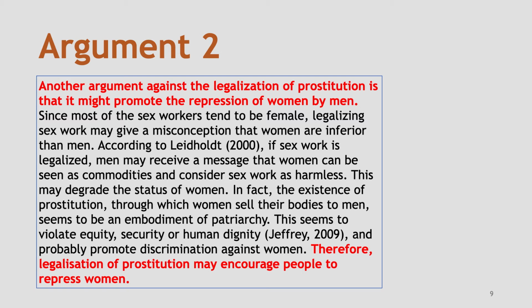Okay, as you move on, you can see the paragraph is formed by a chain of arguments that lead you to the final sentence, which is a summary. Therefore, legalization of prostitution may encourage people to repress women.